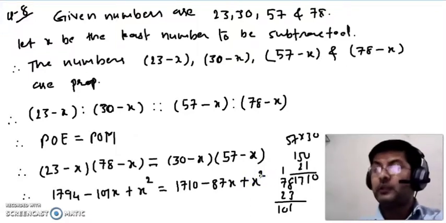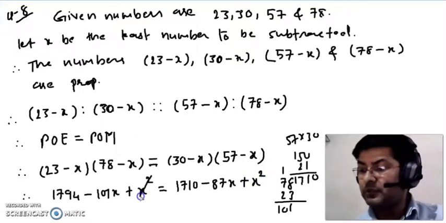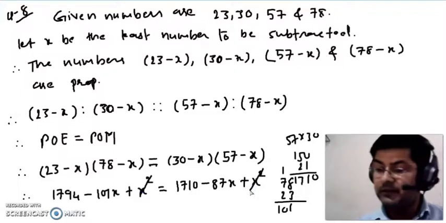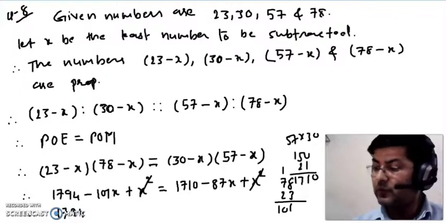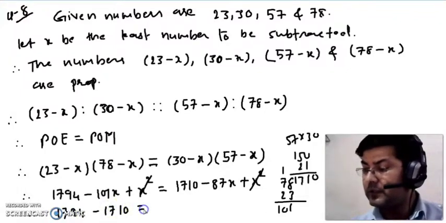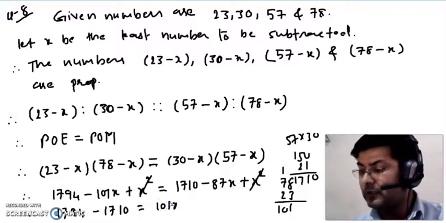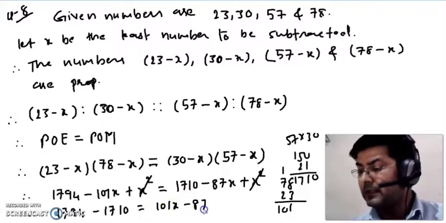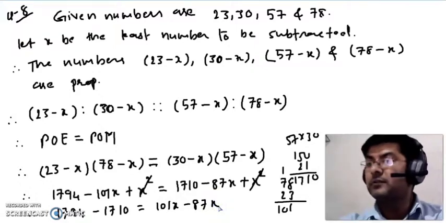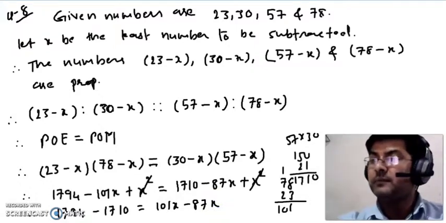Clear? Now we can cancel the like terms on both sides, so x square will get cancelled. Therefore 1794 minus 1710 is equal to 101x minus 87x.